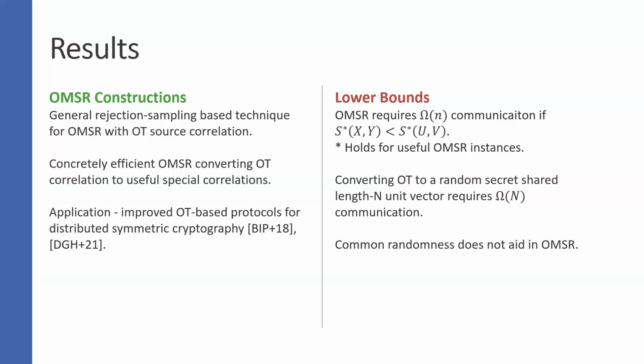But we show here that for OMSR, common randomness is pretty much useless. If we enhance the parties with common randomness in the secure version, these lower bounds will still hold, but without security, we can do it without any communication.